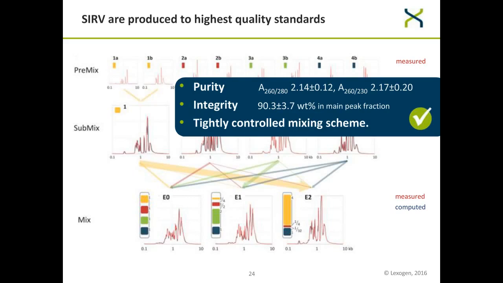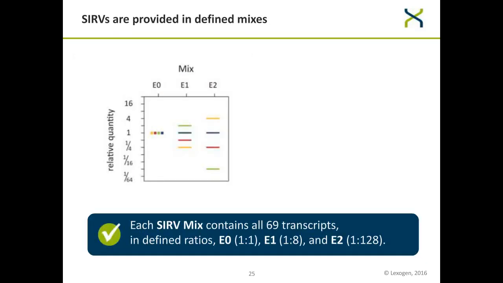You already see that in the mix E0 we have all the 4 submixes at the same ratio, meaning also that all the SERV transcripts are present at equivalent concentrations and at the same level, whereas in E1 and E2 they are present at different concentrations. Now this can be nicely illustrated in that diagram here.